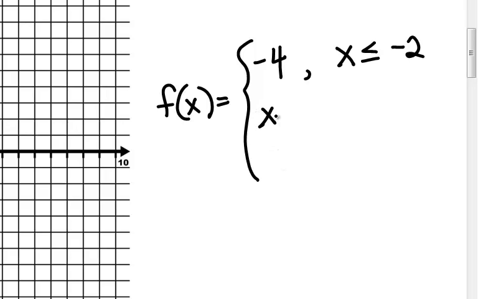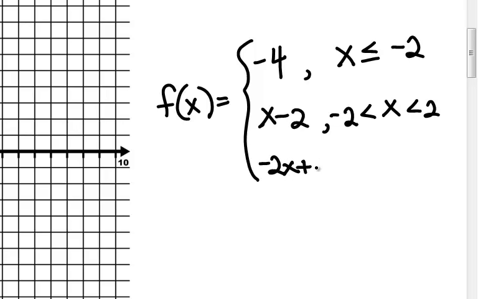Y equals x minus 2 when x is greater than -2 and less than 2. And then y equals -2x plus 4 when x is greater than or equal to 2.